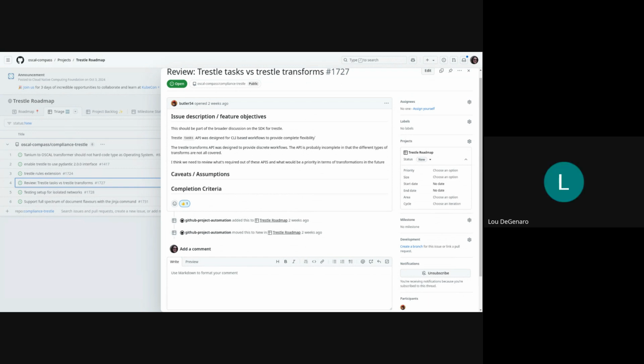As far as I know, transforms are not well used and tasks are. So by virtue of what's there is what's there. If transforms aren't being used, unless there's demand from somebody to say we have to have them, I would say we can sunset them and just stay with tasks for now.